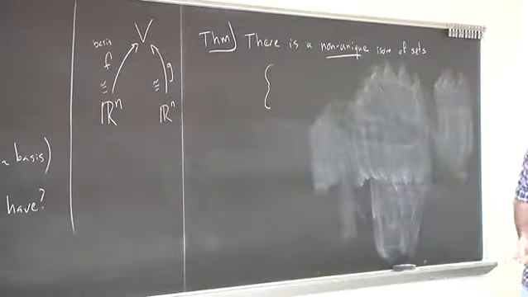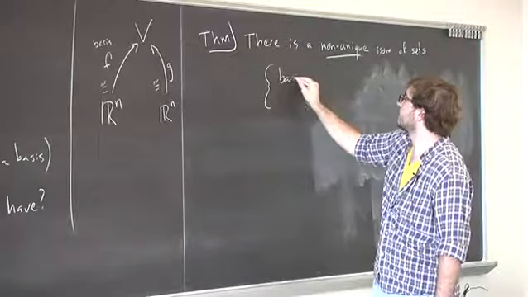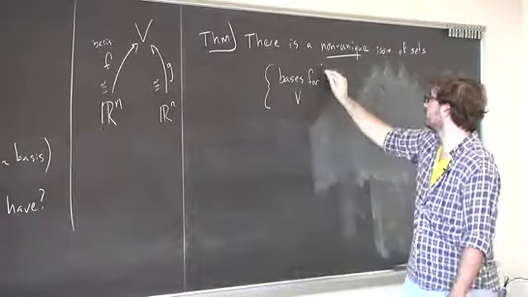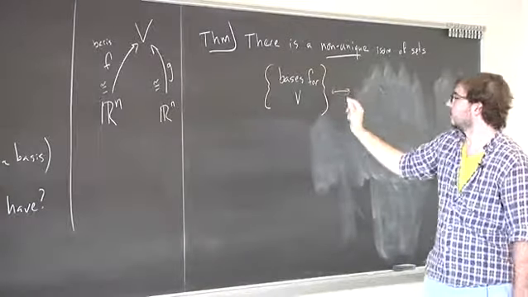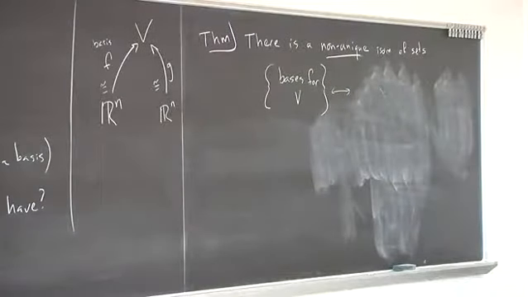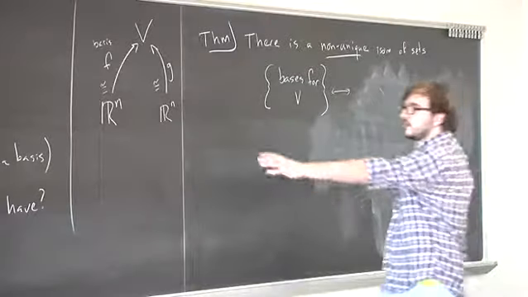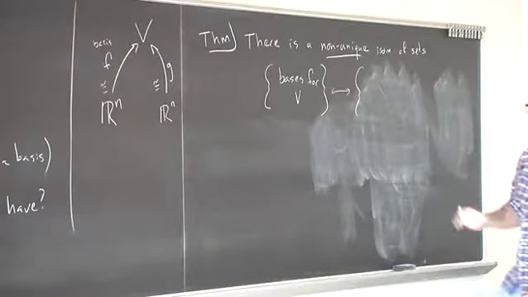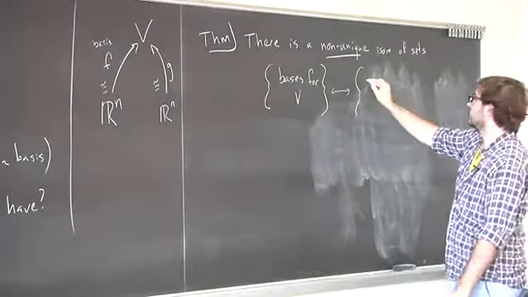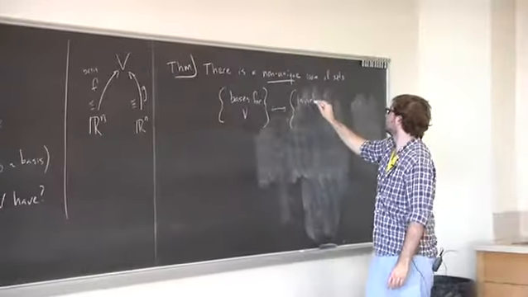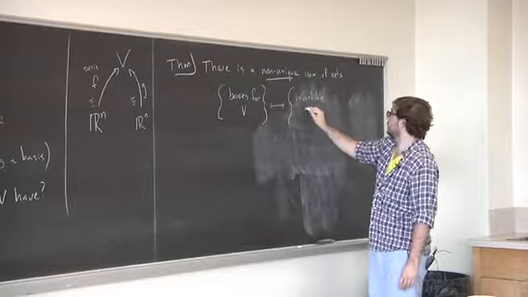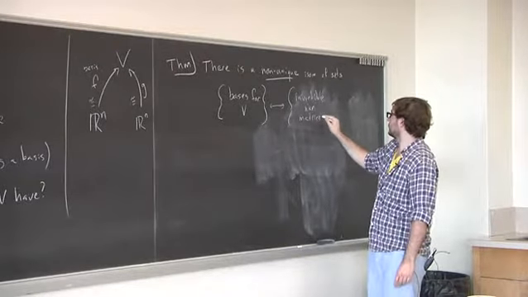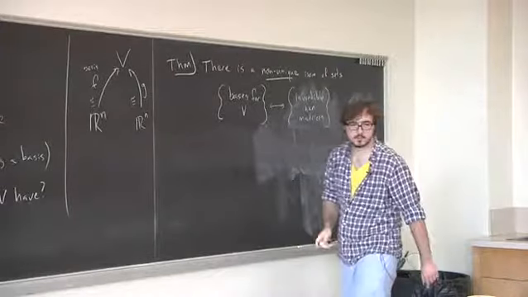Here is the set of bases for V, and on the other side is all of the ways that I can change my basis down here, automorphisms of my fixed example. So this is invertible n by n matrices.